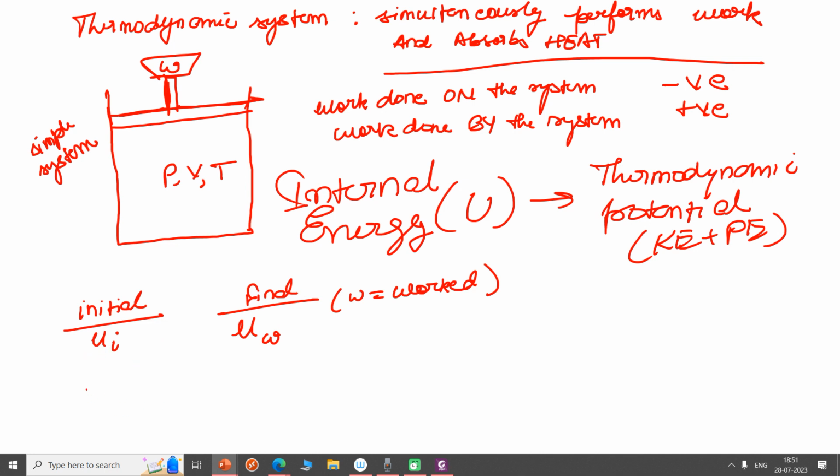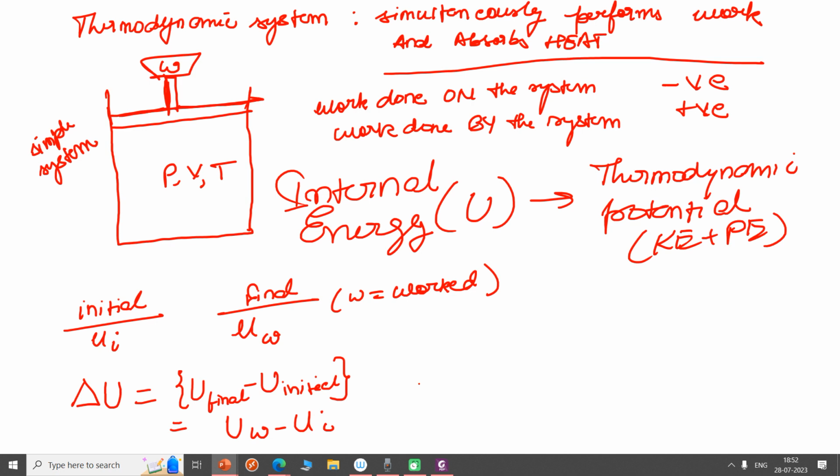So if it has done some work, there will be a certain change in my internal energy. And thermodynamically, as I have mentioned, all the values are taken as the final to initial state difference. That is, we will have Uw minus Ui.